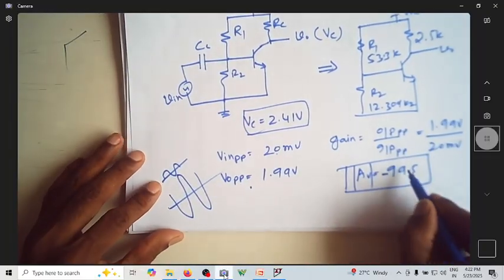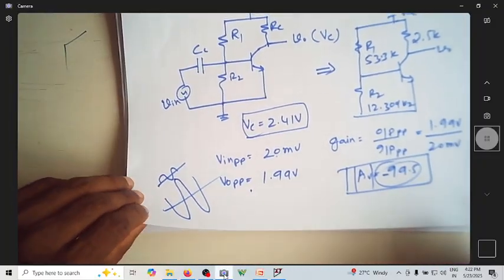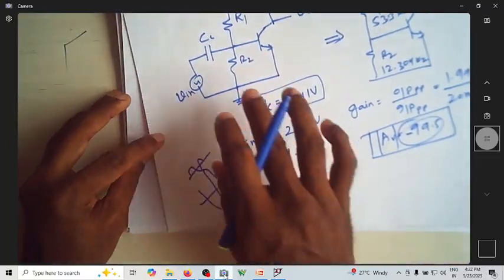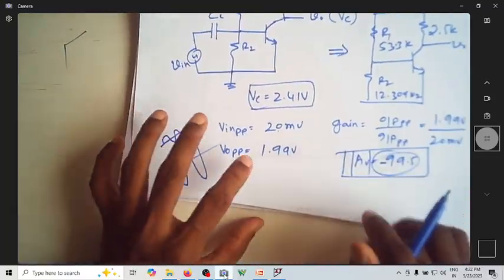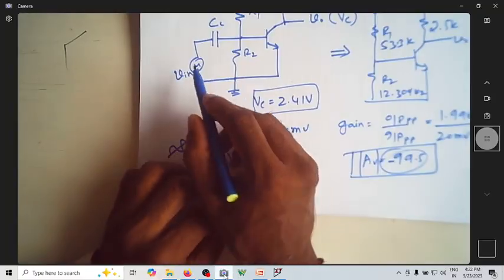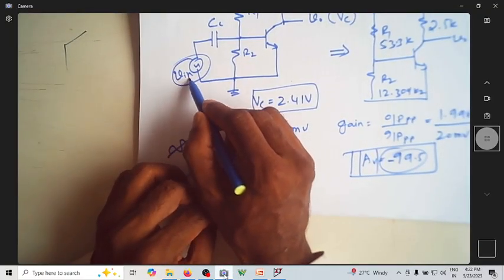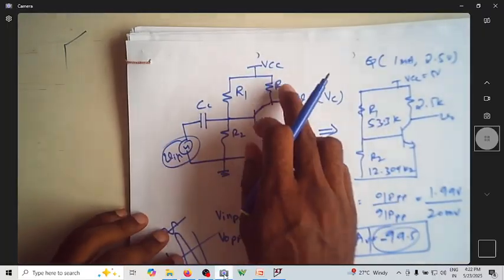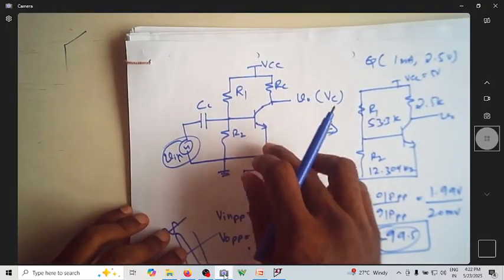Let us see how we got 99.5 as the gain. Which signal are you amplifying? You are amplifying a small signal. So let us write the small signal equivalent circuit of this whole amplifier circuit.